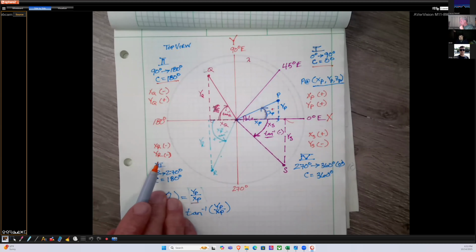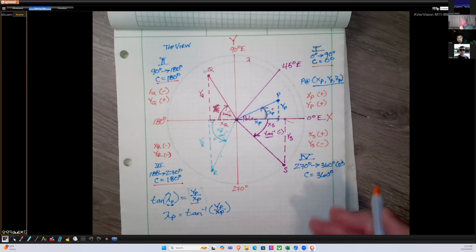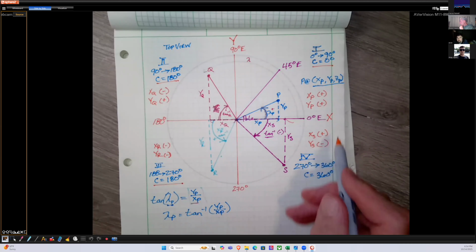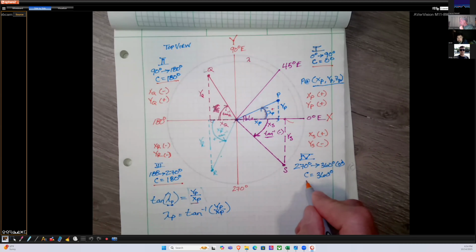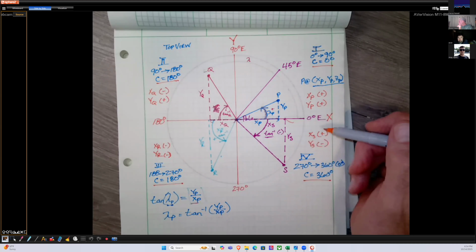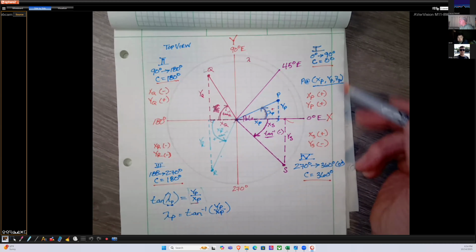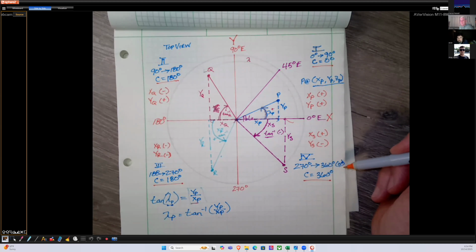In this quadrant, if they're both negative, our C value is 180. And over here, if x is positive and y is negative, our C value is 360. Now, 360, Philip said earlier, 360 is the same as 0, right?